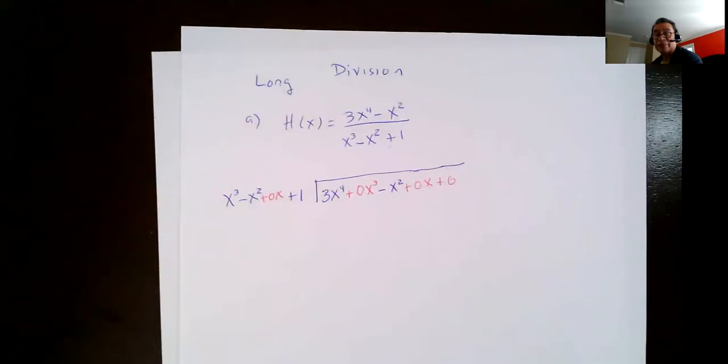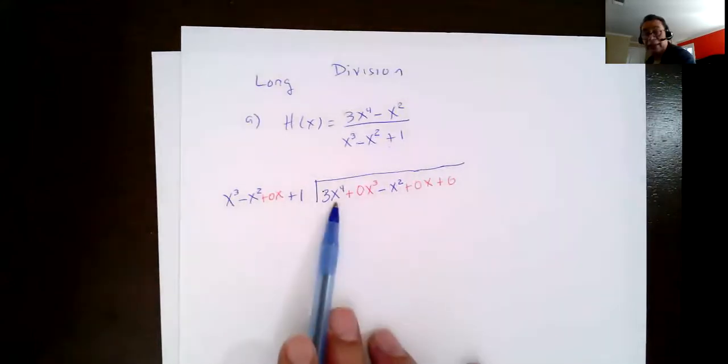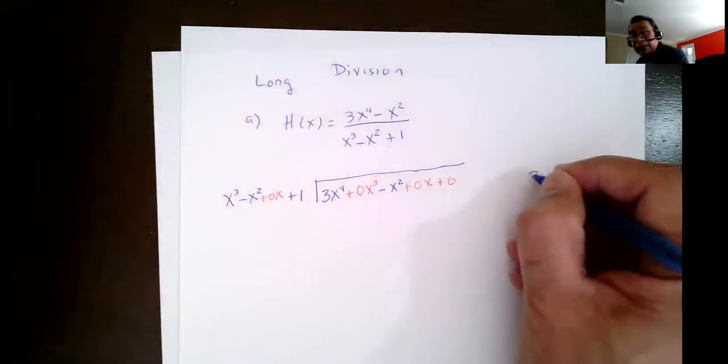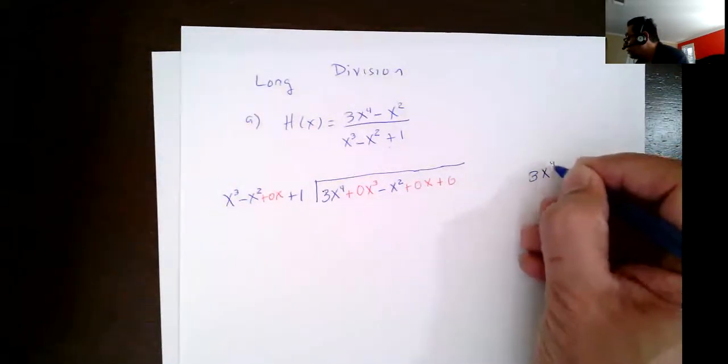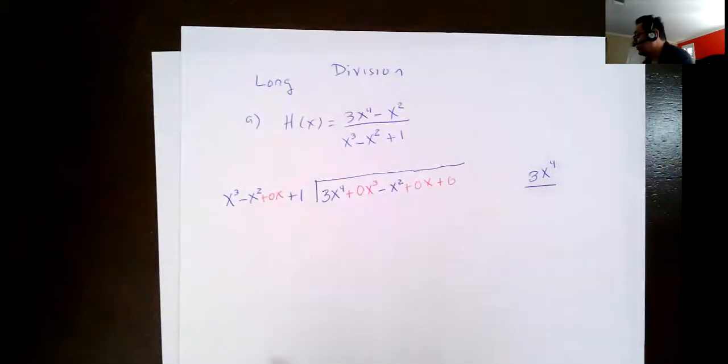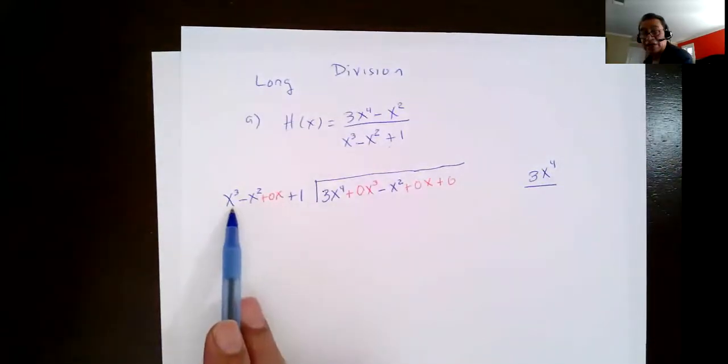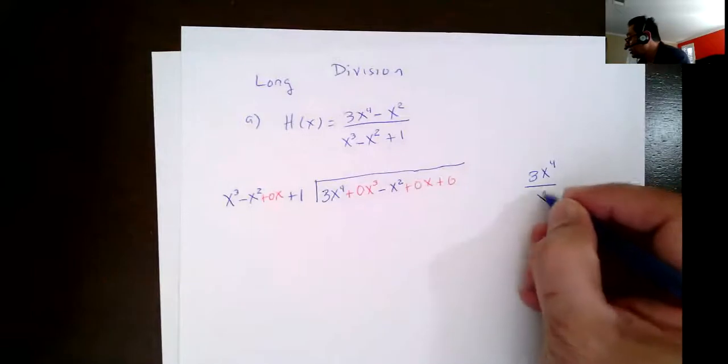All right. Now let's start finding the terms in the quotient. So all the time we start with the first term inside the radical, and I'm gonna write 3x to the 4, and always we're gonna divide by the first term in the divisor, which is x cubed.